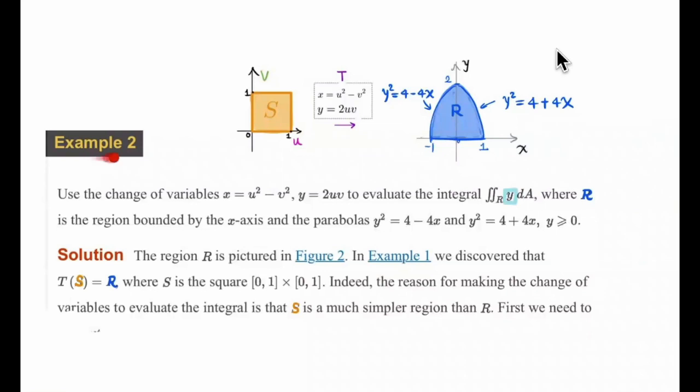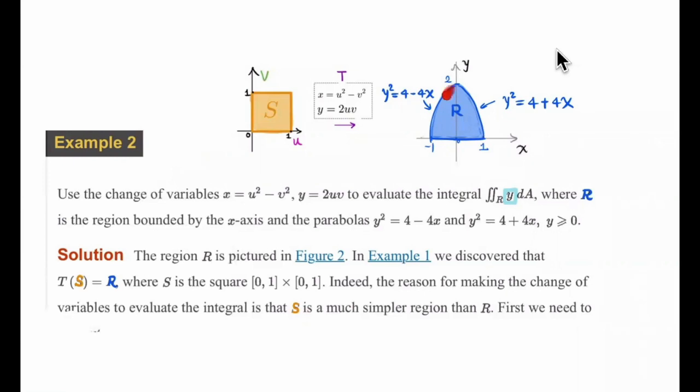Now let's look at example 2. We want to use this change of variables, x equals u squared minus v squared, y equals 2uv, to evaluate this integral, where R is the region bounded by the x-axis and y squared equals 4 minus 4x and y squared equals 4 plus 4x, and y is greater than or equal to 0.